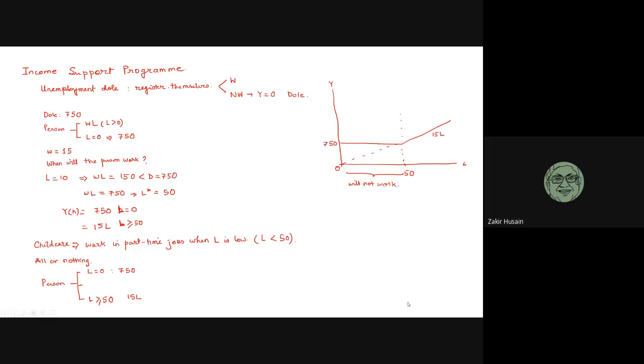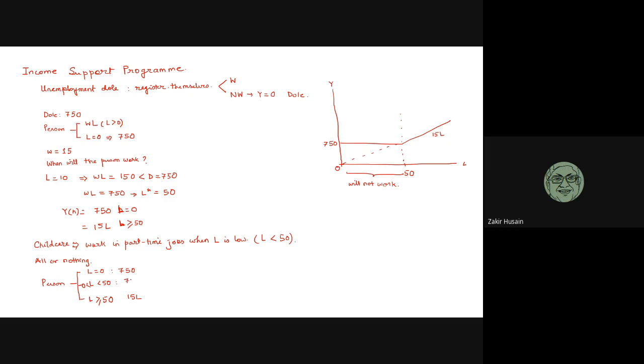If she works for at least 50 hours, you get 15L. This is the same scheme as before. Now you add a third part: if she works, but it is below 50, you allow her to keep part of the unemployment dole, or you give her some compensation.